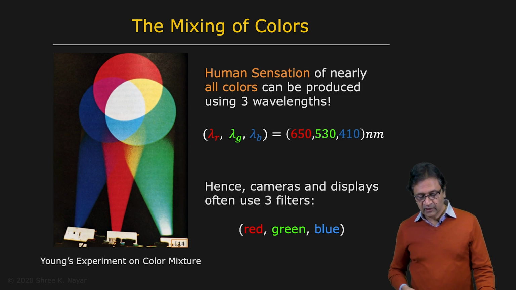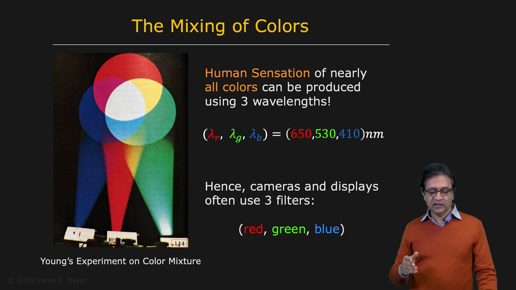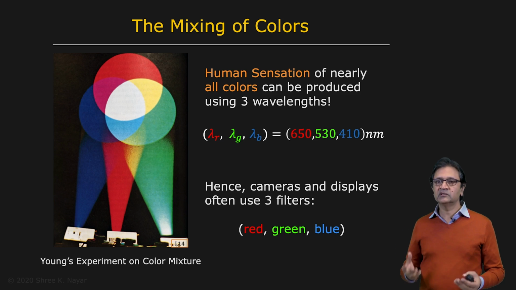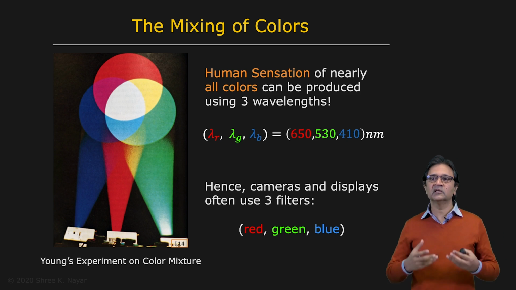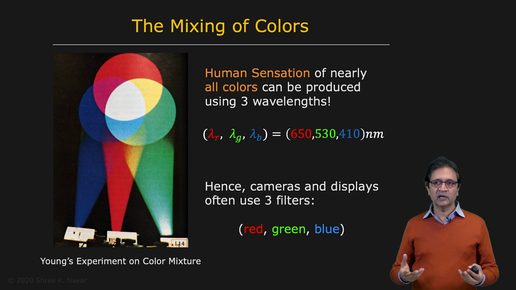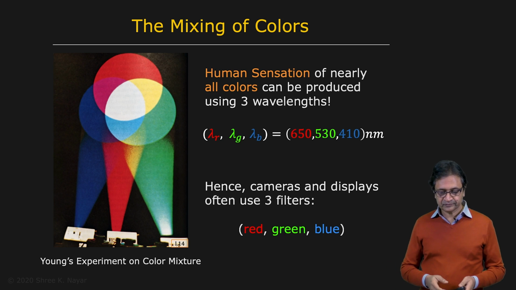These three wavelengths are 650, 530, and 410 nanometers. Of course, you can change these wavelengths and you would get very similar effects, but three wavelengths of light are enough to produce virtually all the colors that you and I are able to perceive. And this is why cameras and displays have red, green, and blue filters on them.